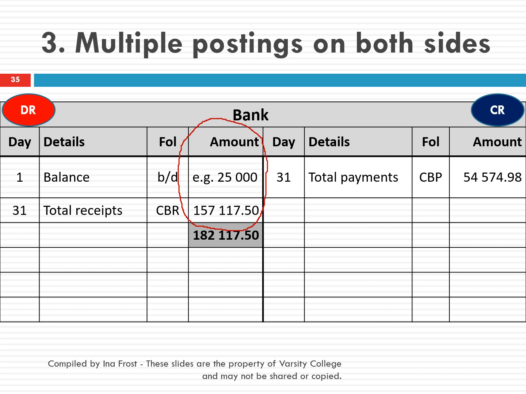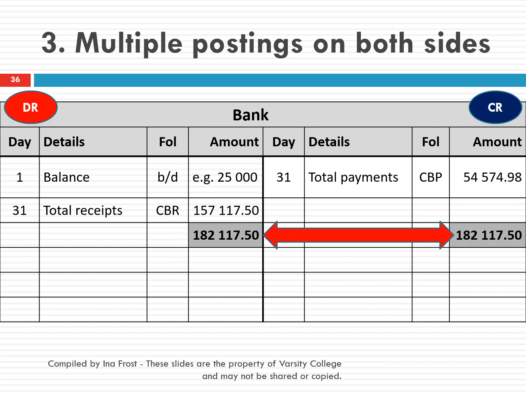So I'm going to add together all the debit entries, and I'm going to get a total for the debit entries. Then I'm going to take that total, and I'm also going to write it down on the credit side of my account, and I do it in the same line. So I add up the debit side, I get a total. I take that total and I also write the exact same amount on the credit side.